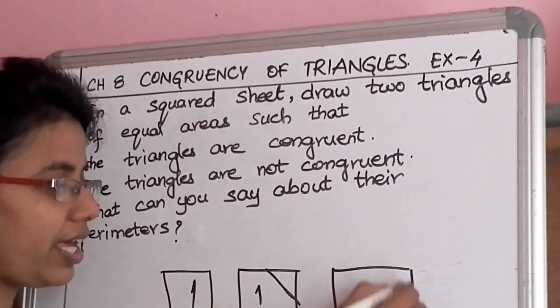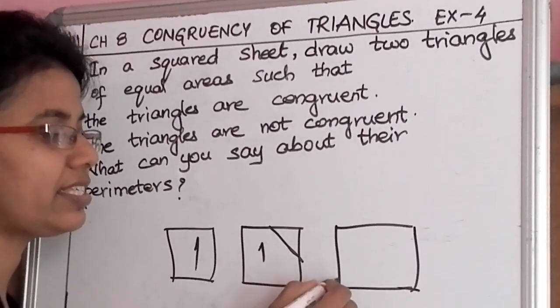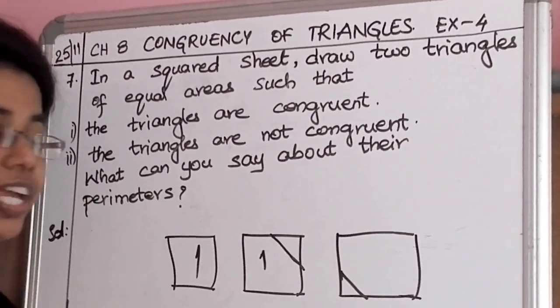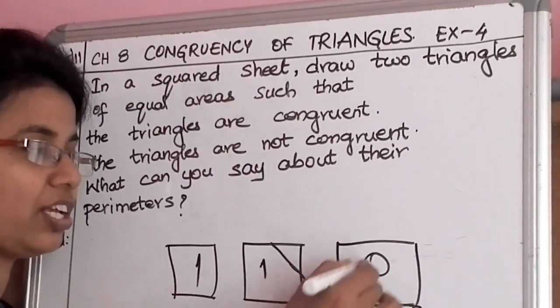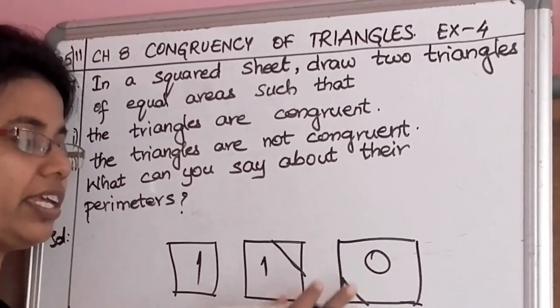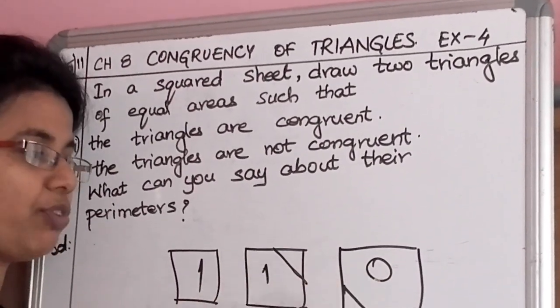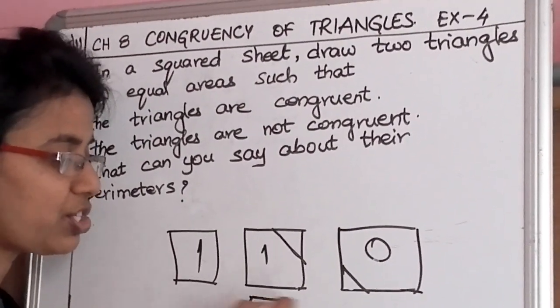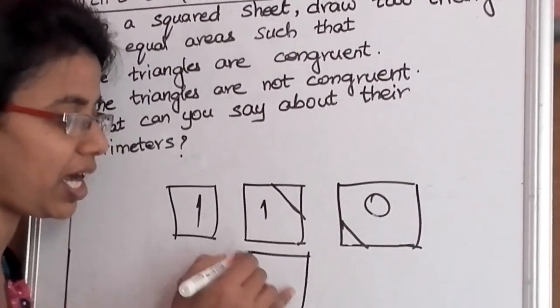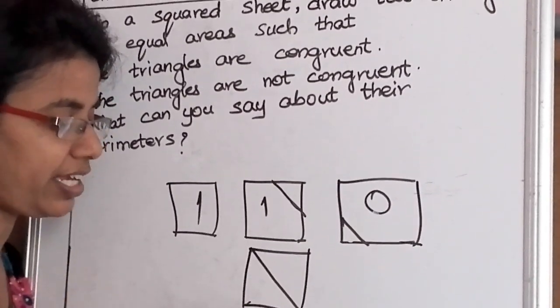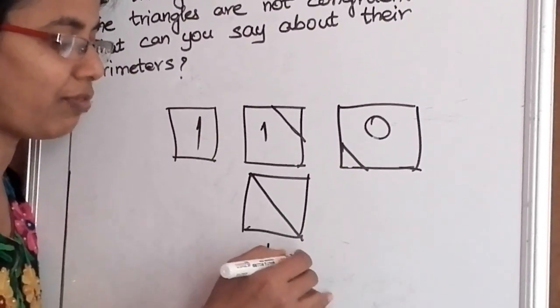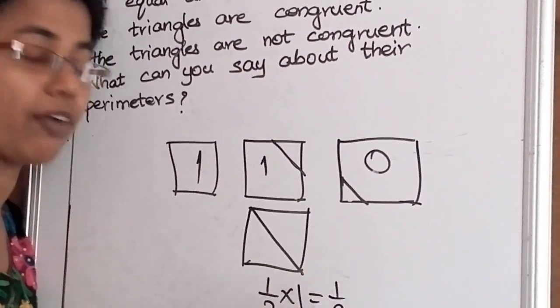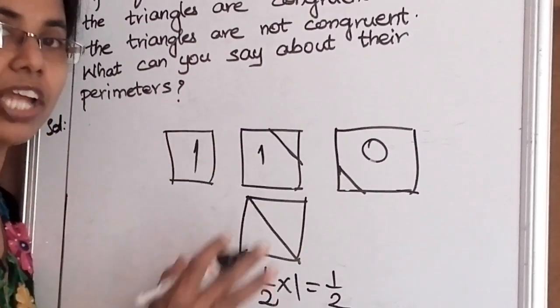If less than half is shaded, this is taken as 0. No area is taken into consideration when it comes to less than half part. When a square is shaded half part, it will be taken as half. Half into 1, we will get 1 half. This way we are going to find out the area.